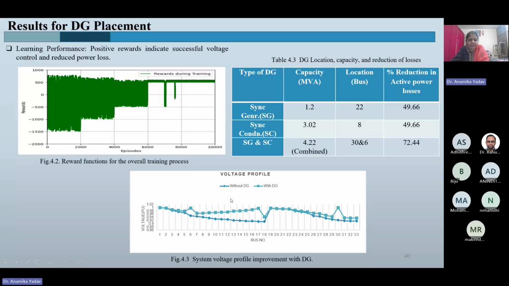You can see that without DG, the blue one, the dark one, the voltage profile was fluctuating more as compared to when the DGs are placed. The voltage profile becomes almost flat as compared to the one without DG. So this way the voltage profile improvement has been obtained through reinforcement learning.